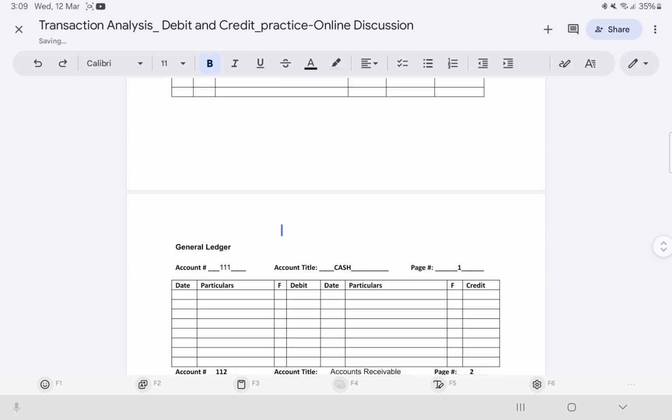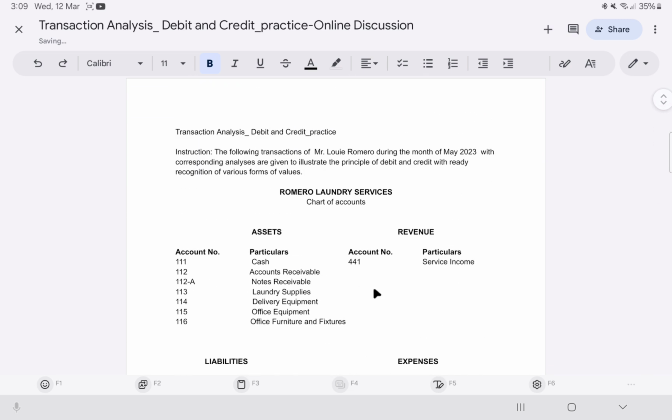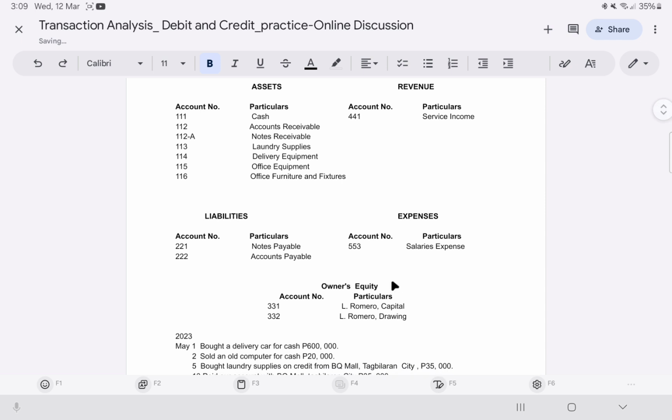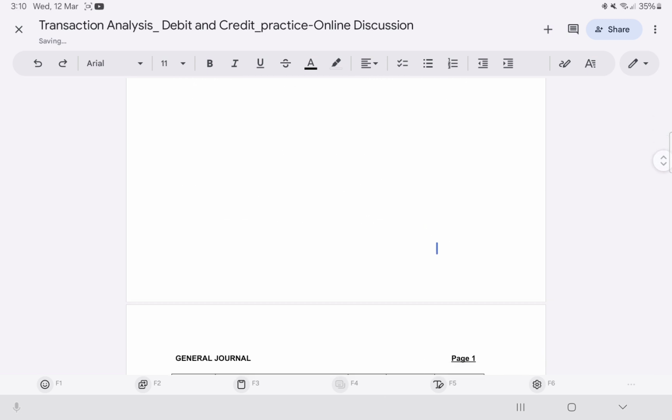Okay, so we are done with the liabilities, and let's proceed to revenue. So we have only one revenue. We have service income, and the account number is 441.